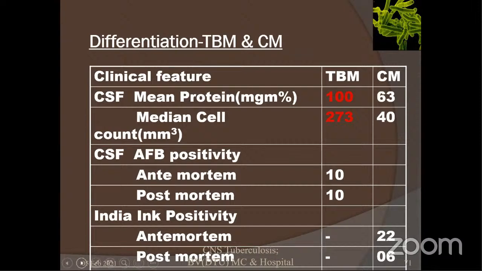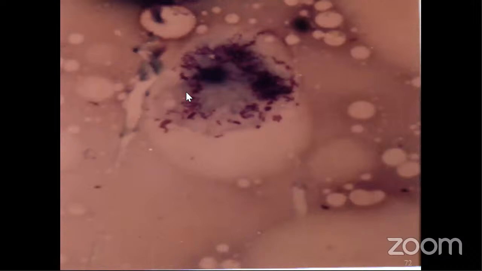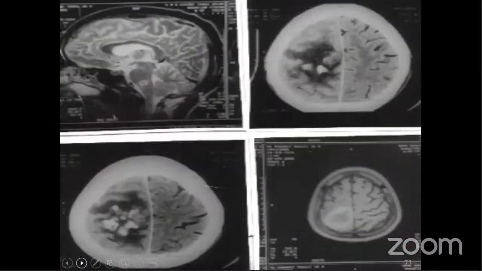So this is very important for us to see that chronic meningitis CSF work is very important, and these are some of our cases, and you can see the cryptococcal, the candida and the AFB in the same smear which we have done, and these are our radiology cases which are showing multiple granulomas.